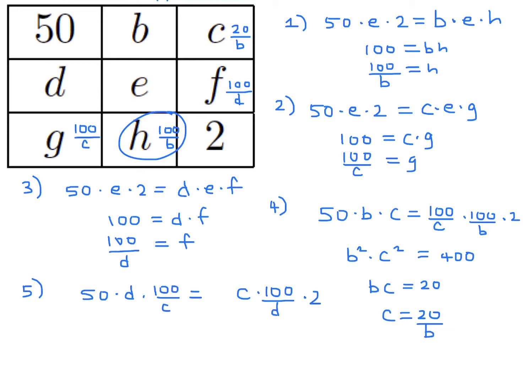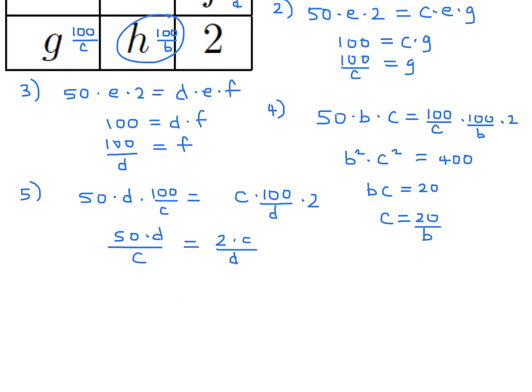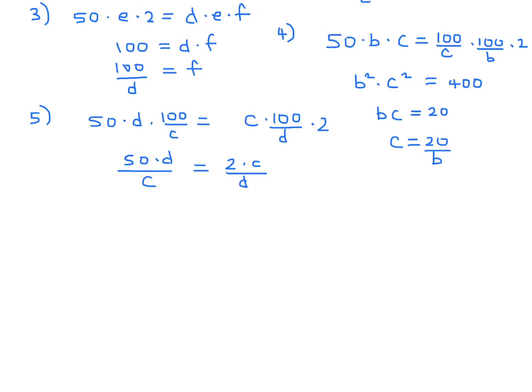So cross multiply and you'll get 50 times d over c over here. And then this one becomes just 2c and d. Well, so far I just got rid of the hundreds. I didn't really do anything else. And then at this point I think I can probably cross multiply.